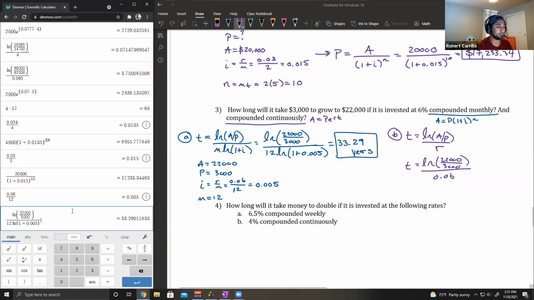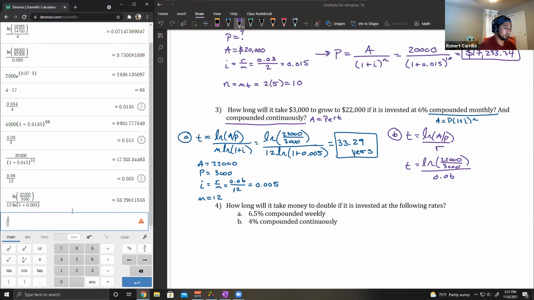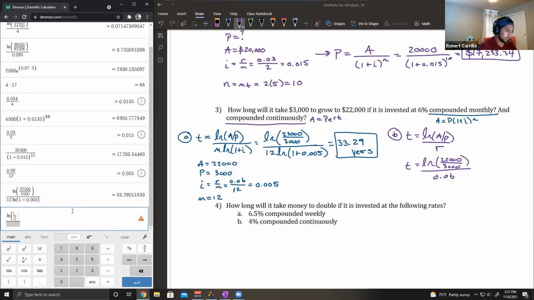Let's see what we got. Fraction, natural log, fraction. Oops. 22,000 over 3,000. Close that, over 0.06.